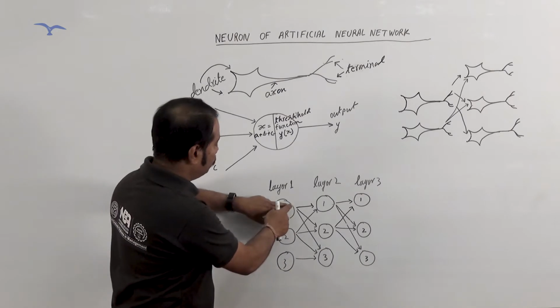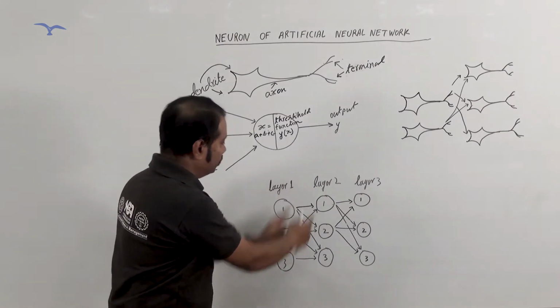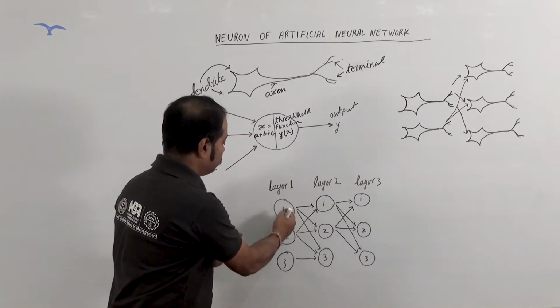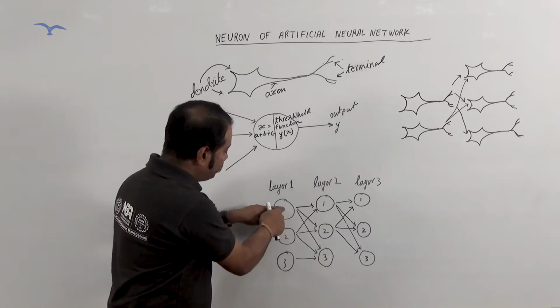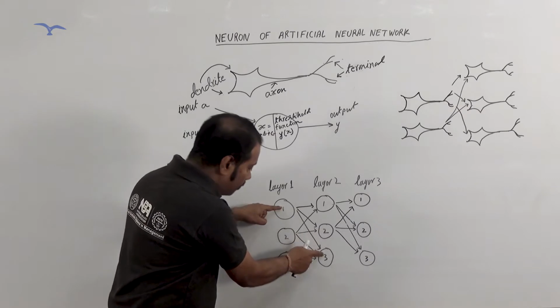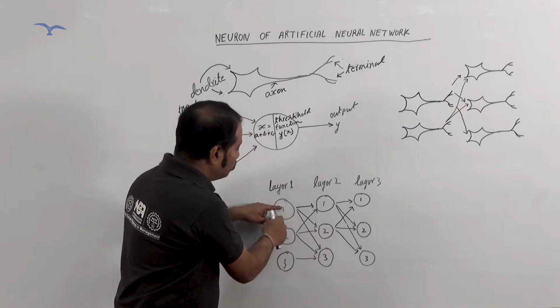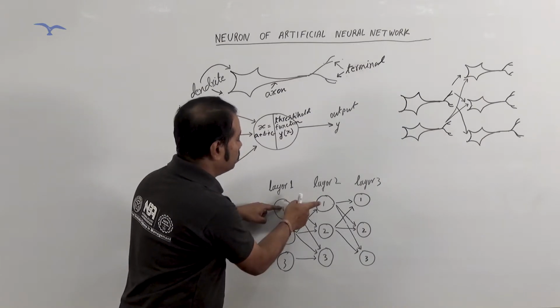So in this case, we have got 3 layers of neurons. Each layer contains 3 neurons. We make each neuron talk to other neurons, talking in the sense that one neuron's output is actually fed to another neuron's input.